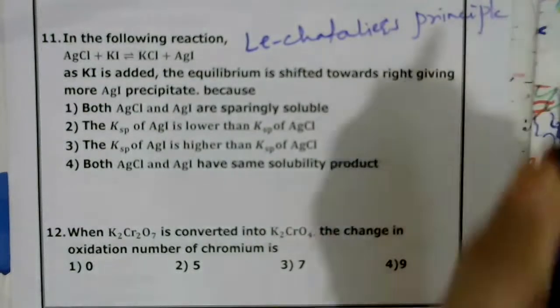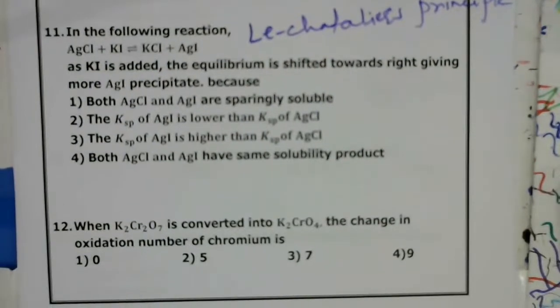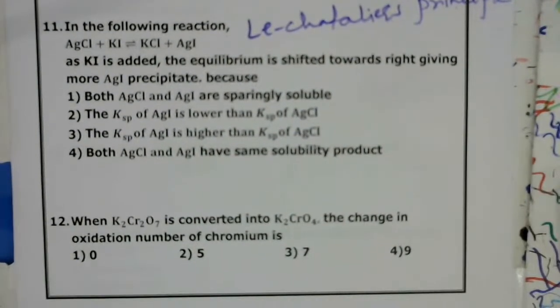Children, you need to remember this principle because usually in a competitive exam, one question will be based upon Le Chatelier's principle. Whether they ask in terms of temperature, pressure, molar concentration, catalyst, or addition of noble gases, we should remember Le Chatelier's principle.